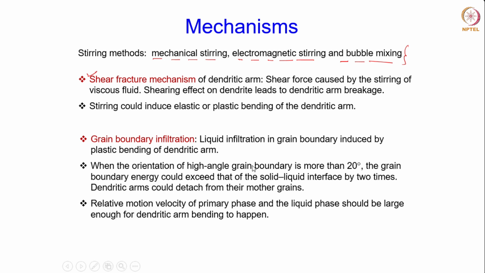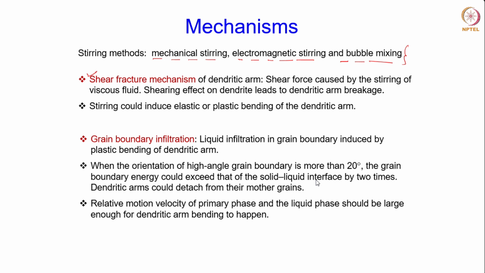Okay, so when the grain boundaries achieve a misorientation of more than 20 degrees due to the plastic bending, then the grain boundary energy could exceed the energy of the solid liquid interface by 2 times, and if that happens, then the liquid can actually penetrate the grain boundary, because liquid penetration now will actually reduce the energy of the system, since the grain boundary energy is more than the solid liquid interfacial energy.